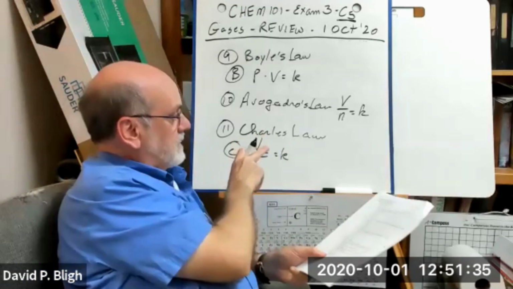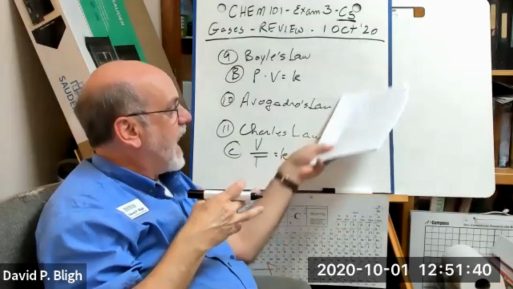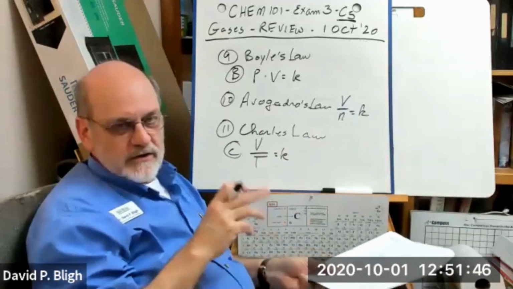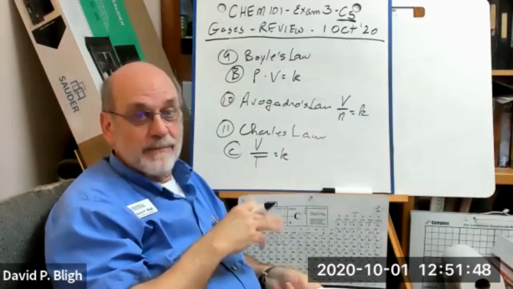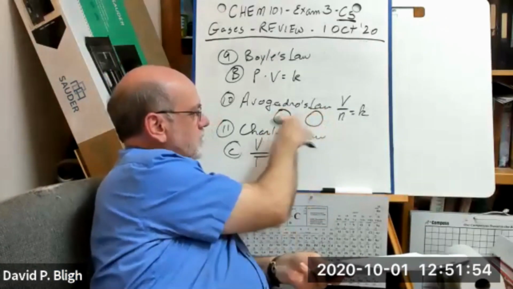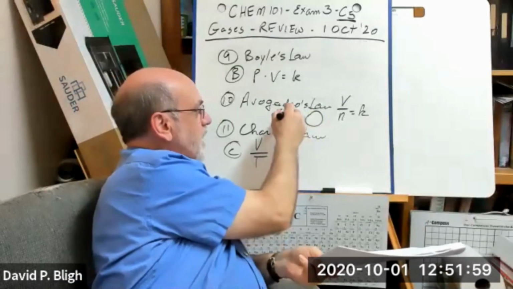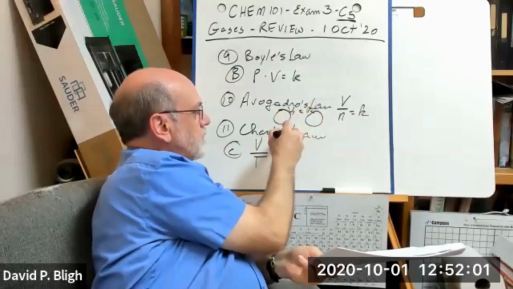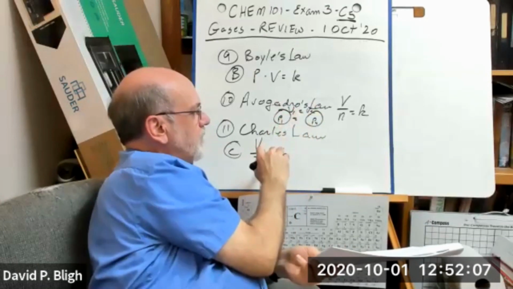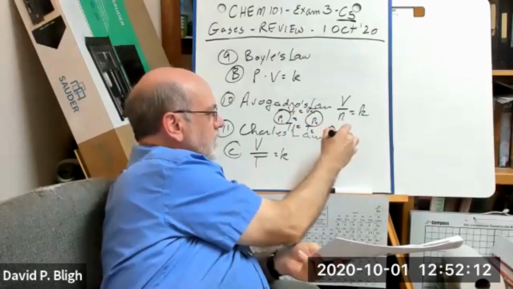Now that is not obvious from this one. You have to do some derivation. But when I described Avogadro's application, where we had equal volume containers, and then if of course the volumes are the same, the pressure is the same, the temperature is the same, then the moles have to be the same.